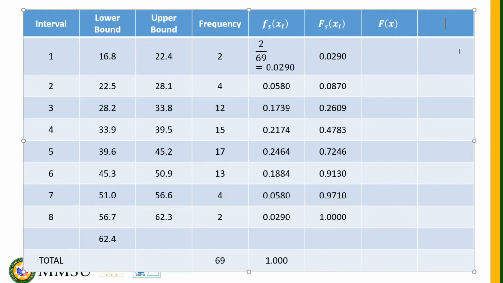This first one is our probability distribution.